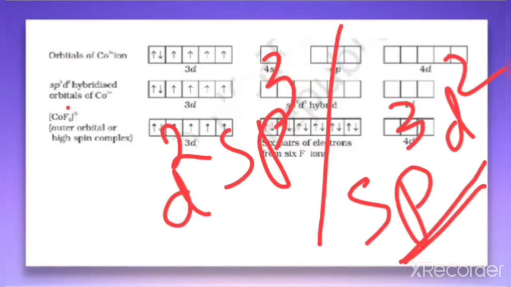This is the hint I am giving you. Without doing the hybridization, you can predict it using this concept: for coordination number 6 the two possibilities are d2sp3 or sp3d2, but if the ligand is weak field, then the more likely one is sp3d2.